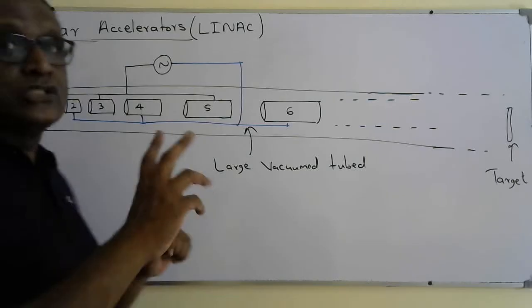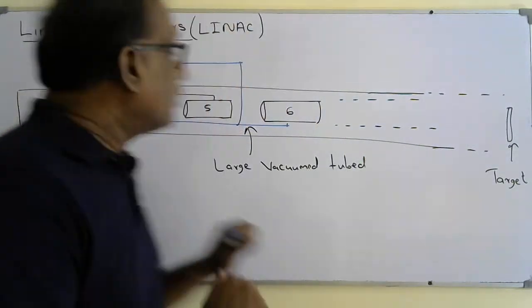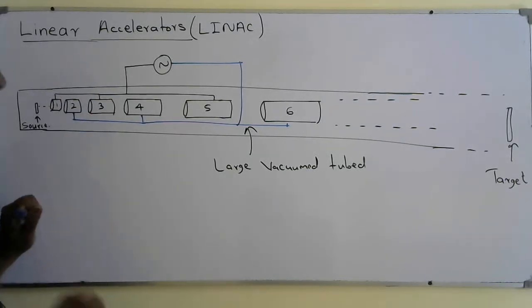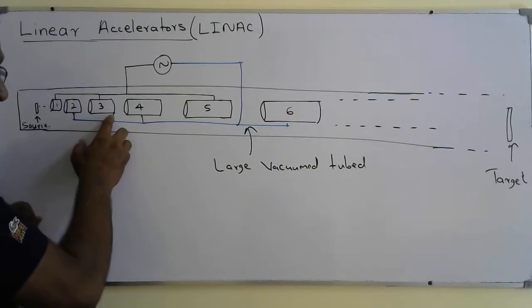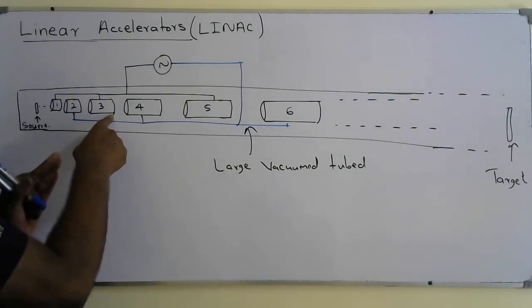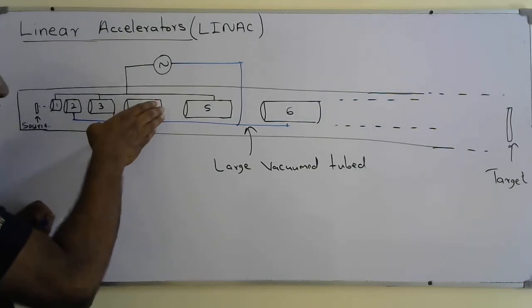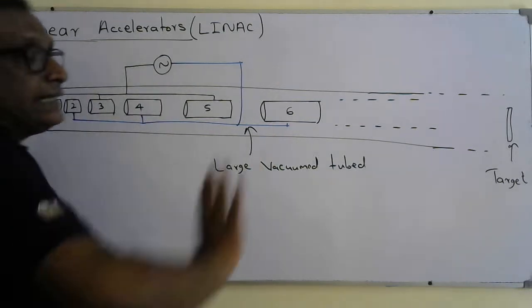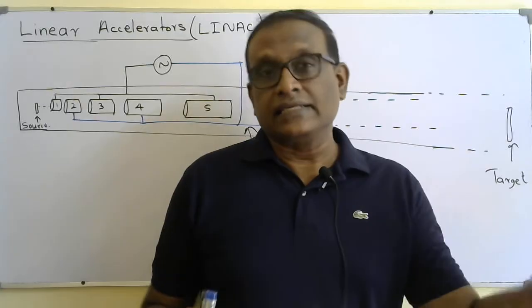So the polarity is switched every time the particle reaches the end of a drift tube. Again the proton will be accelerated from the second to the third drift tube, then move inside the third drift tube at constant velocity. When it reaches the end of the third drift tube, which was negative so far, it will become positively charged and the fourth drift tube will become negatively charged, so it will be accelerated again. Like that, the particle is accelerated again and again, only when it crosses the gap between the drift tubes.